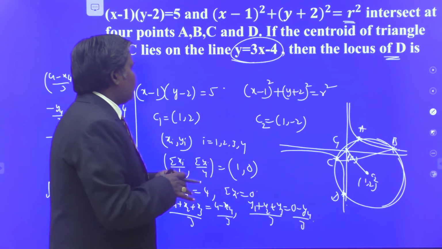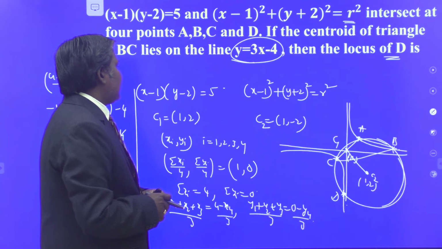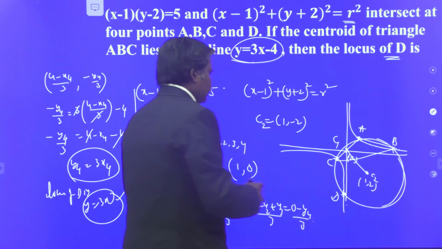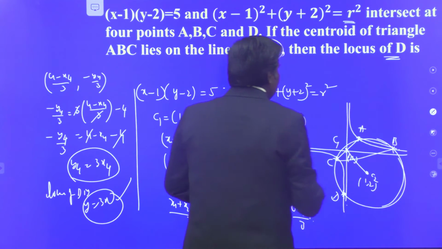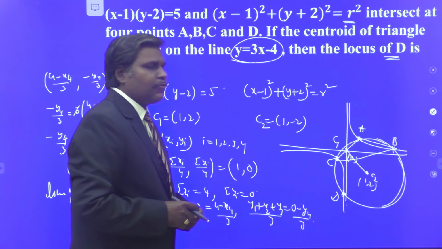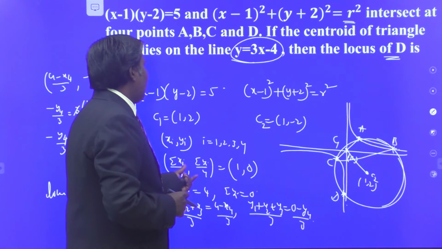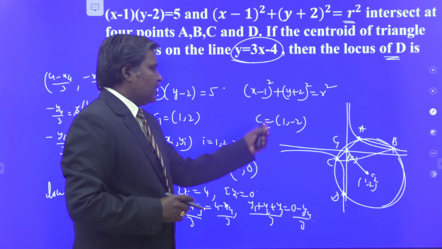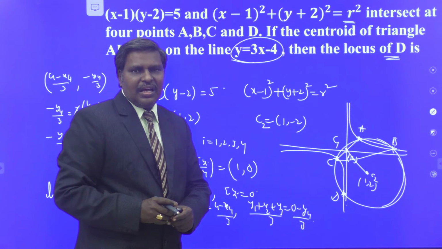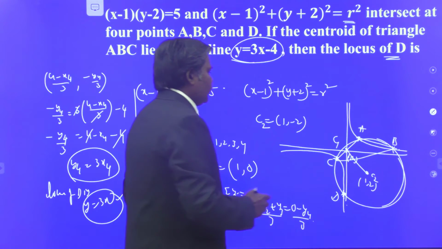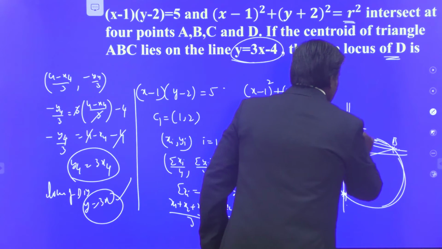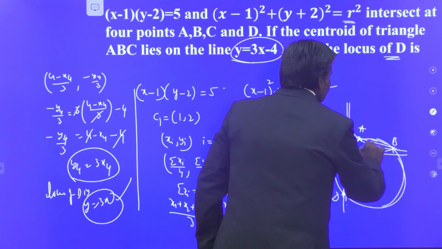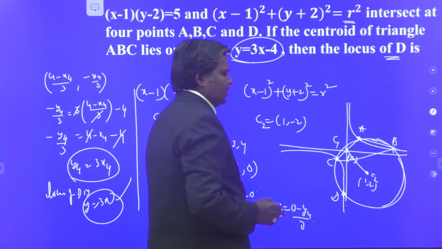So in this problem, the one and only logic behind this is that the average of the points, the mean proportion of the 4 points, is equal to the midpoint of the centers of the 2 conics. That is, one is a circle and the other one is the hyperbola. So here the conic is a rectangular hyperbola, and the circle is like that. These 4 points are concyclic.